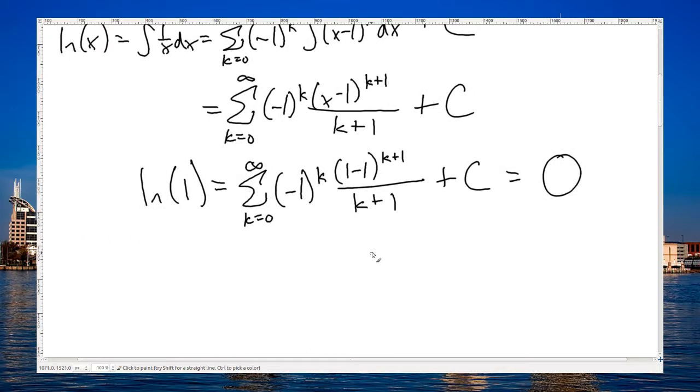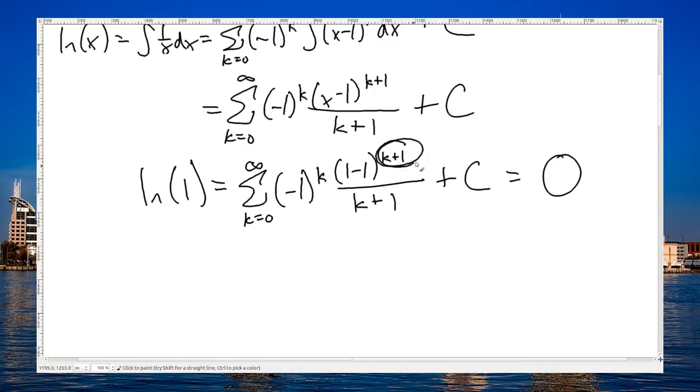So what happens? Well, it's very tempting to just cross all of this out and say, hey, c is equal to 0. And you're close, and you would be correct. I was worried for a moment that you would not be right because 0 to the 0 is equal to 1.